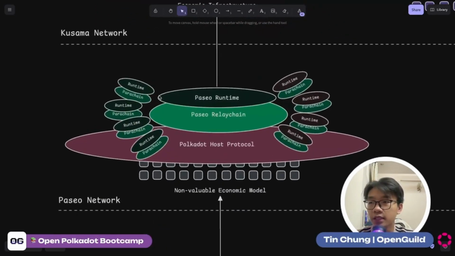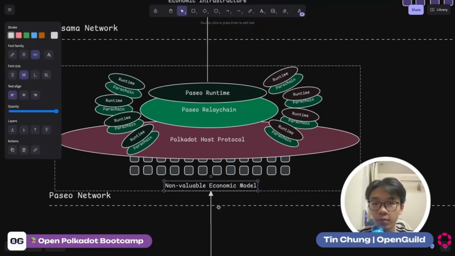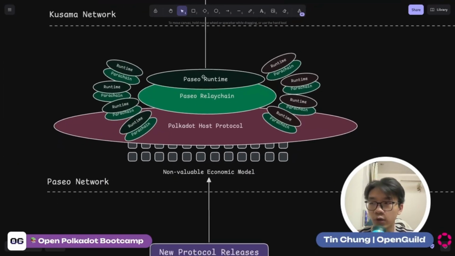Testnet is the place where you have a non-valuable economic model for the whole network. In that way, you can do anything with the token and not worry about losing it, because it's not real money. This token can be minted freely by the network authority, but it also offers you all the functionality that a mainnet has.